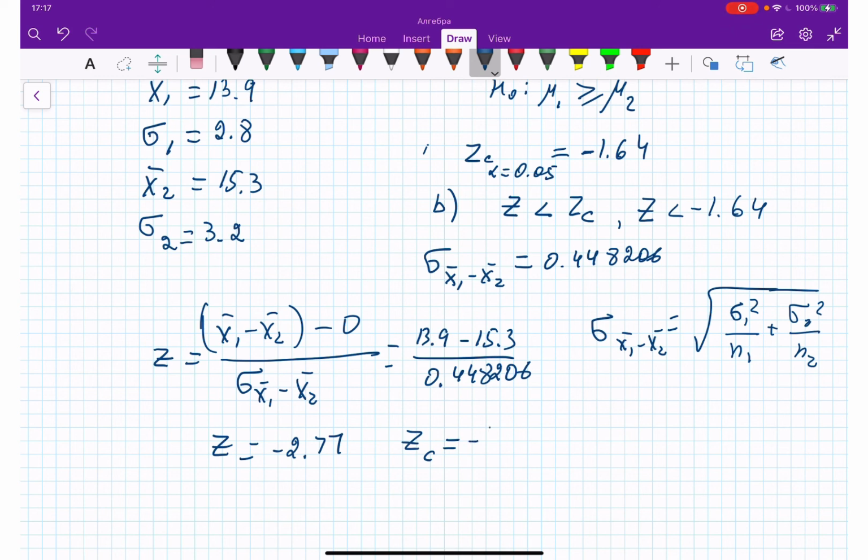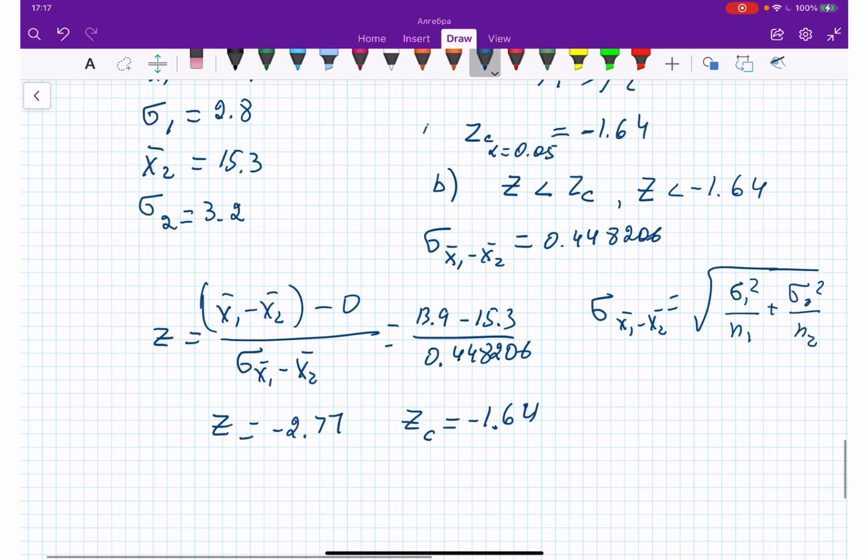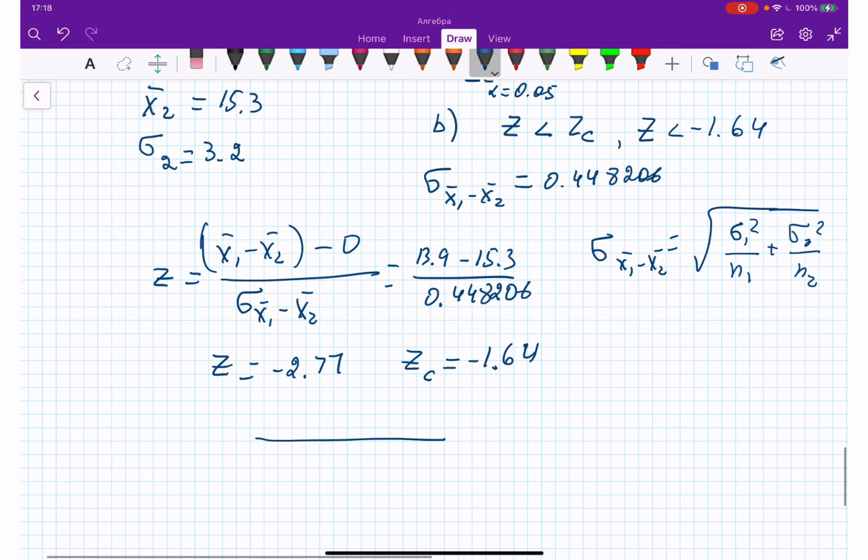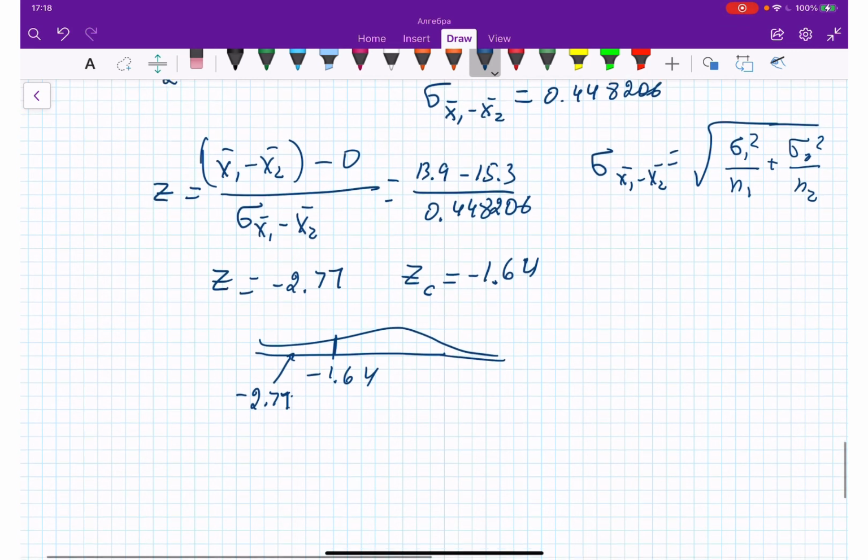So negative 2.77 compared to z critical, which is negative 1.64, right? It's a left tail. Z critical is negative 1.64, and z standardized is negative 2.77. What does that mean?